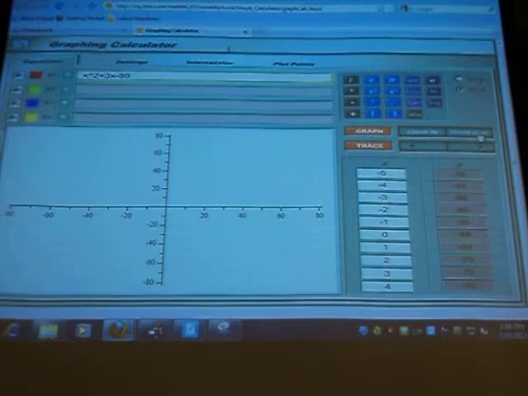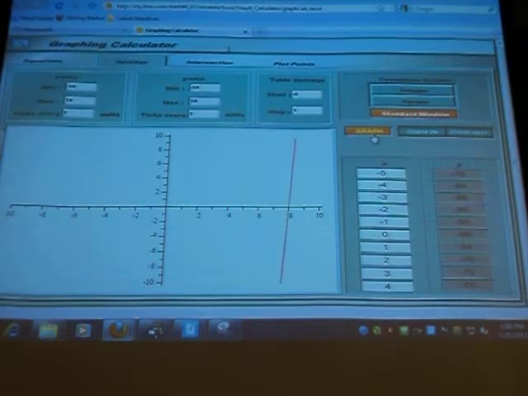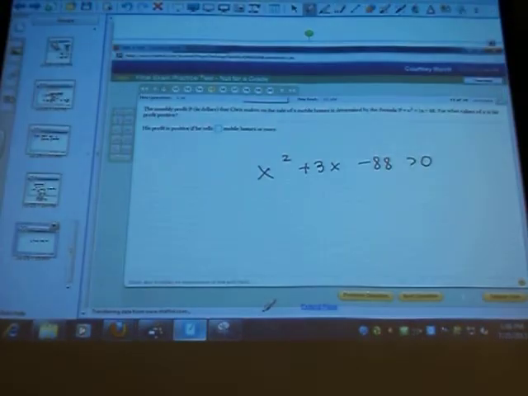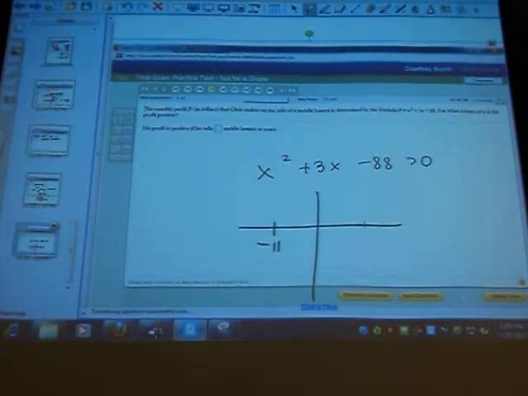We throw that one out. Okay, so it looks like it crosses the axis at negative 11 and positive 8. And it's concave up.